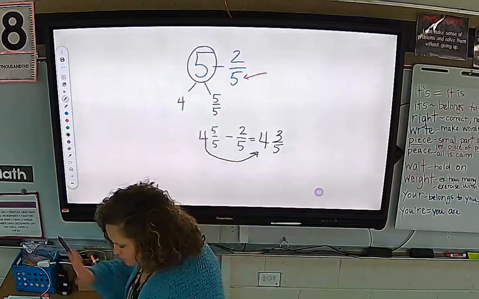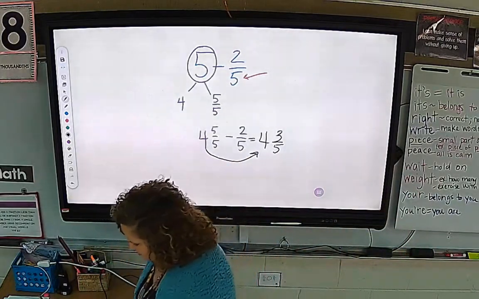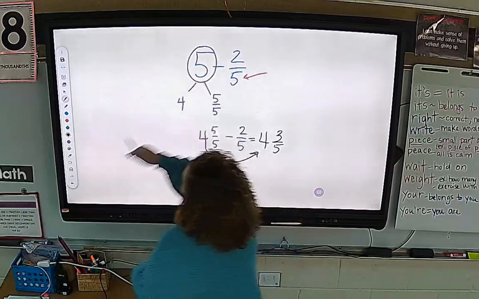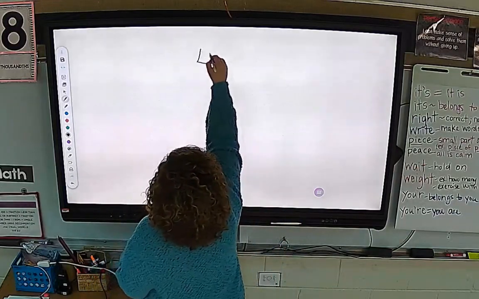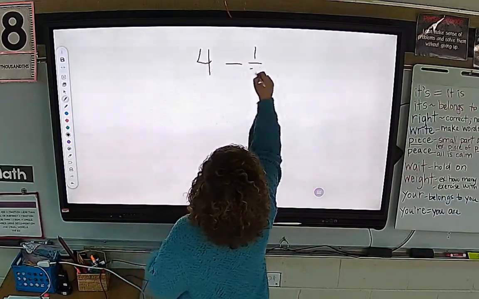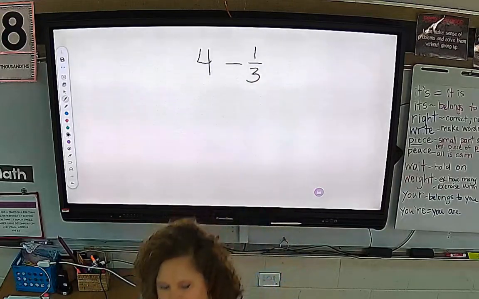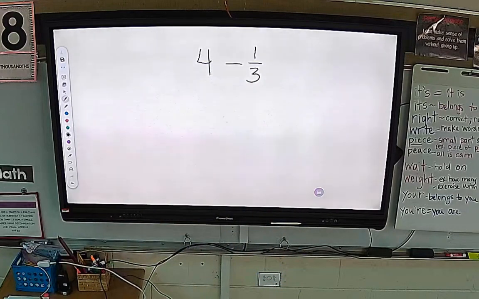So don't get distressed. All right, we will change this to 4 minus 1/3. Okay. Go ahead and work this one and see what you come up with. Change the 4's name.